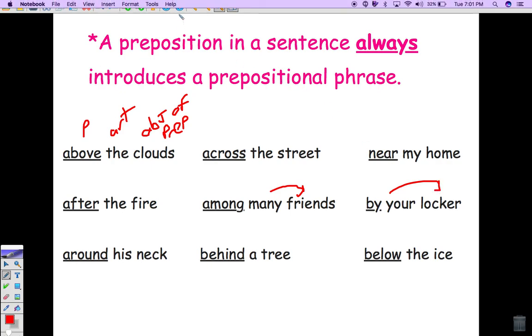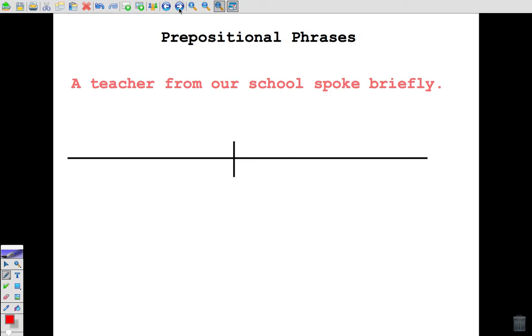So thinking about how we're going to diagram these is usually the same way we'd go about diagramming other things. Remember that if the words are describing the subject, they come off the subject. If they're describing the verb, they branch off of the verb. So if we look at this sentence, a teacher from our school spoke briefly, we know that it's going to be coming off of the subject and the verb.